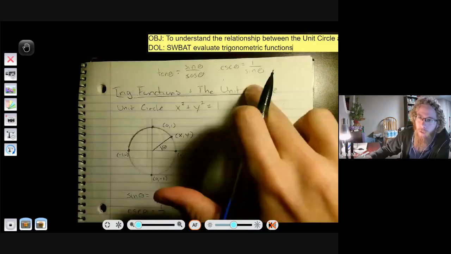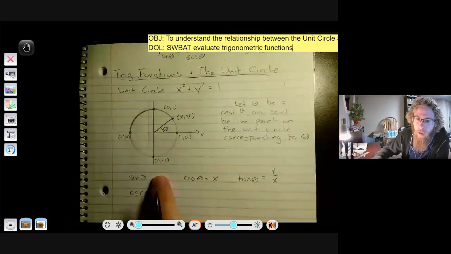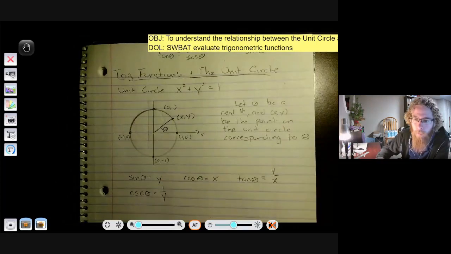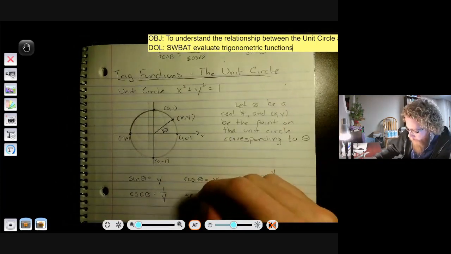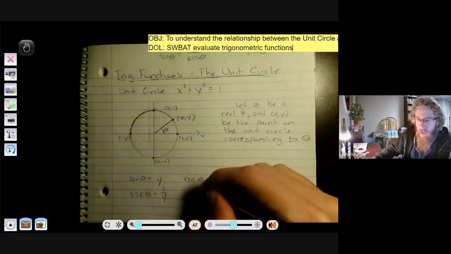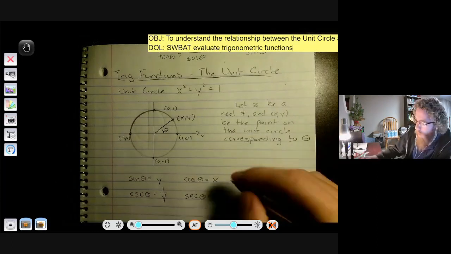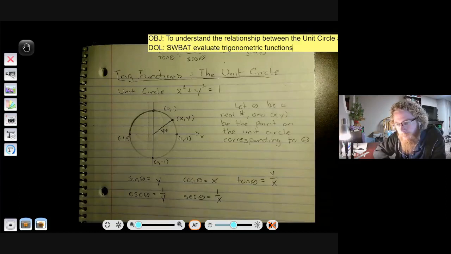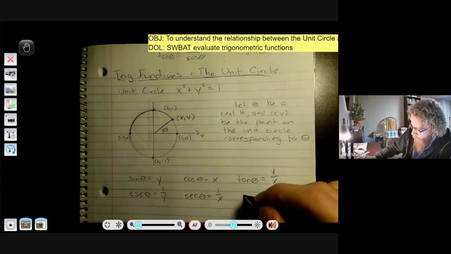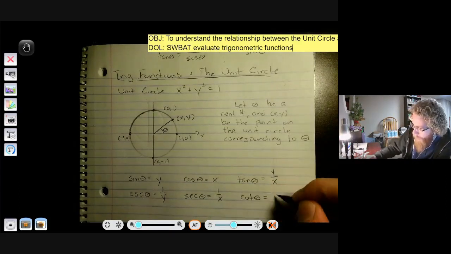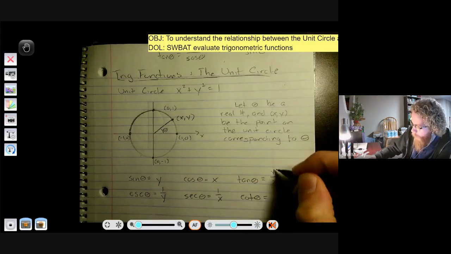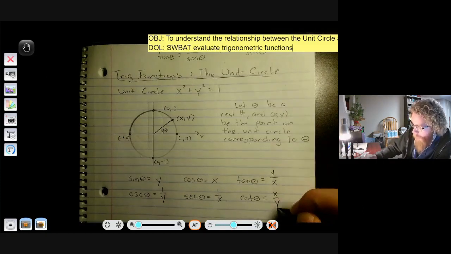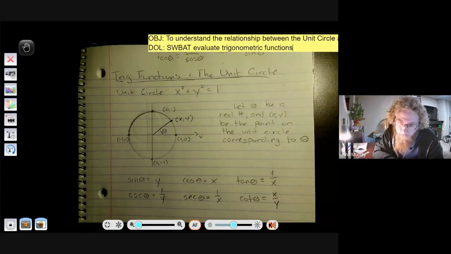Since we flip, right, 1 over sine, I put 1 over y. Then we have secant, which is the reciprocal of cosine. So that's going to get us 1 over x. And we have finally cotangent, which is the reciprocal of tangent. So that's going to be x over y.